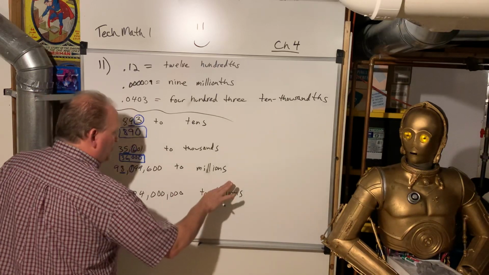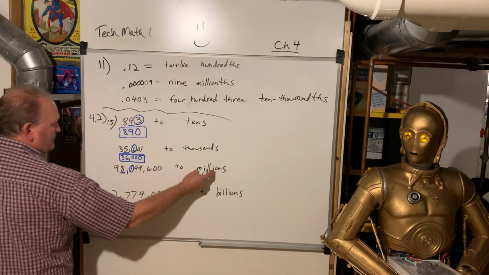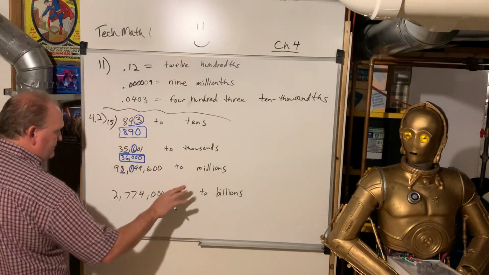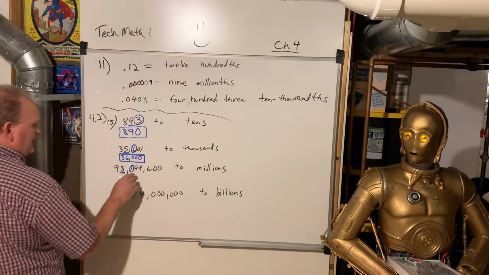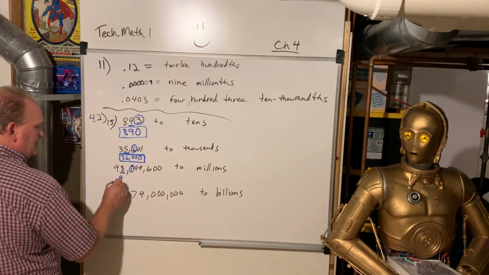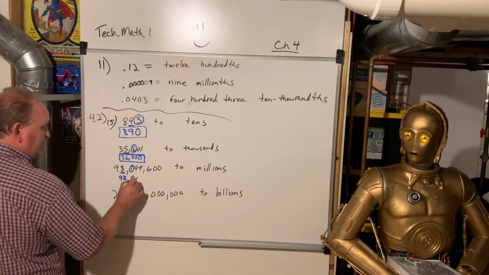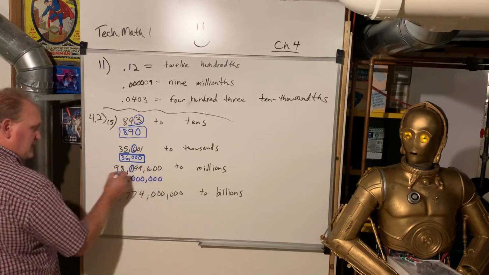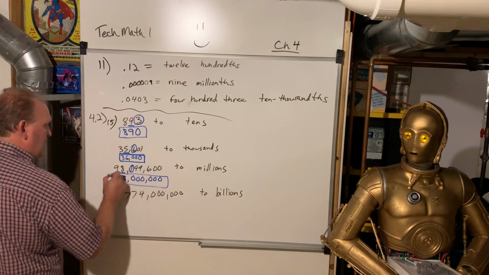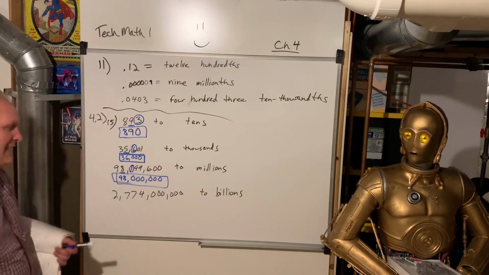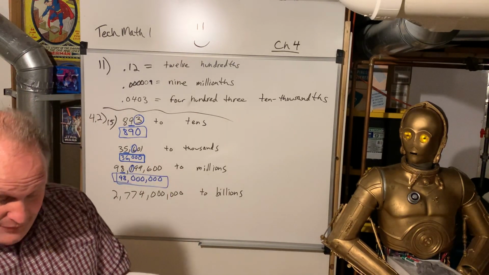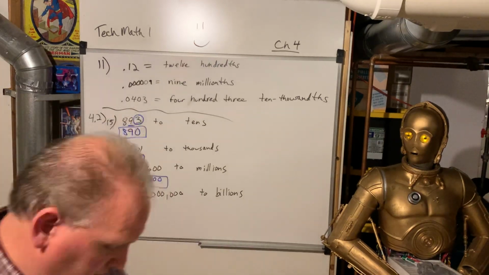We're just doing simple rounding, so you identify the place they tell you to round to, and the number directly to the right of it. That's not enough to bump it up, so it stays 9, 8, and then we replace everything with zeros. Don't forget to do that. And don't forget to write the rest of the number. You'd be surprised how many people just write 98 for that, not 98 million. There's kind of a big difference, right, between those two.